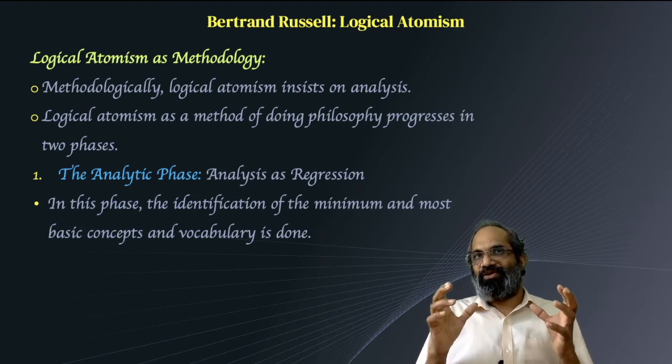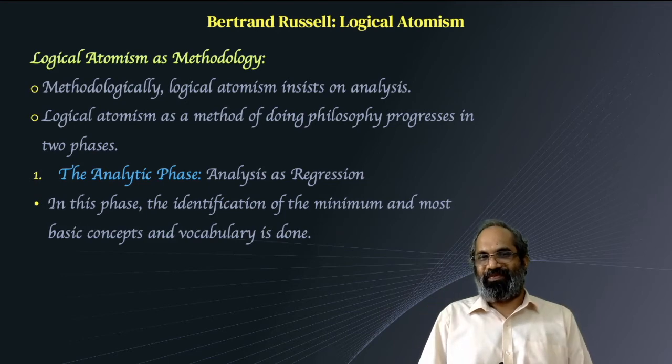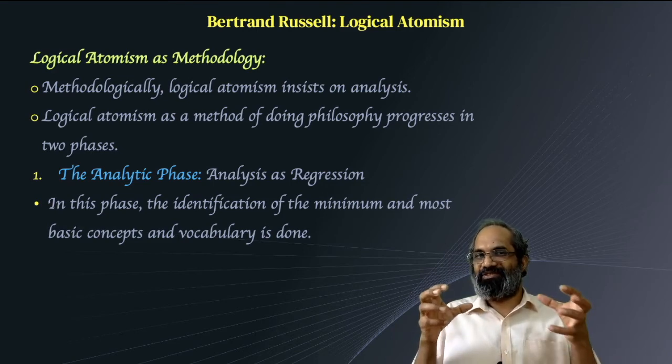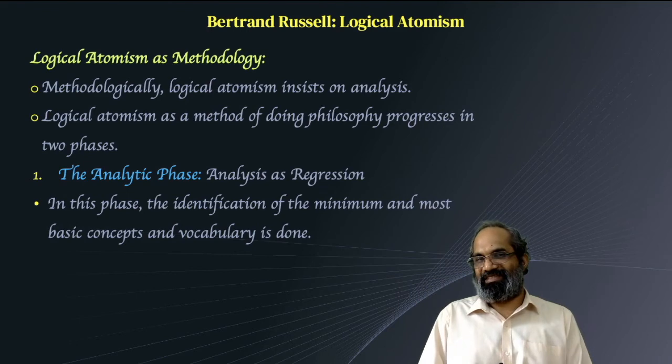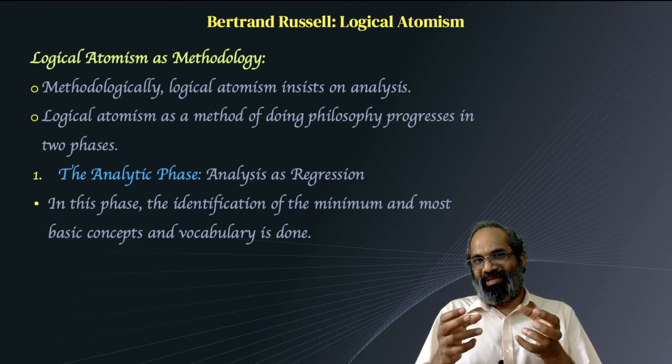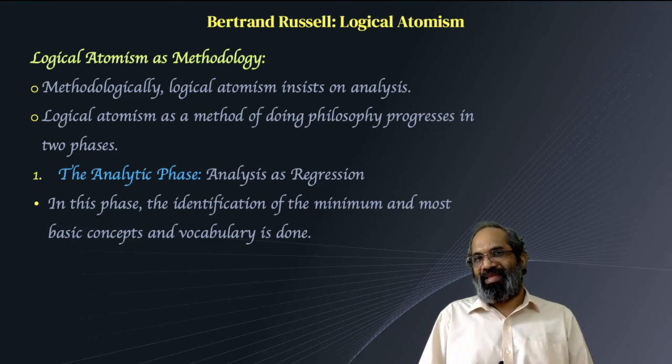Whenever you want to understand the reality of a complex notion, not a complex thing like a pen, but a complex notion in which many words are associated, you need to divide that phrase, that concept, in order to understand the fundamental concepts within it. That's what we have done in the analysis of 'the' in On Denoting.